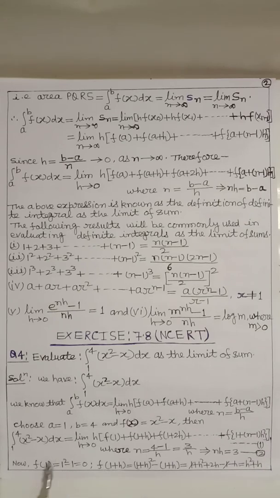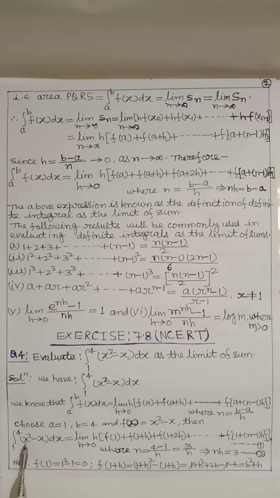Now we find the value of f(1). Putting 1 here in x square minus x, we get 0. For f(1 plus h), we put 1 plus h in this function x square minus x, and we get h square plus h.